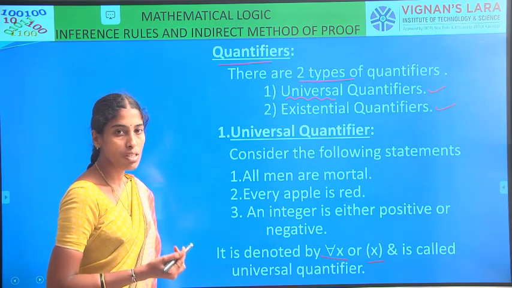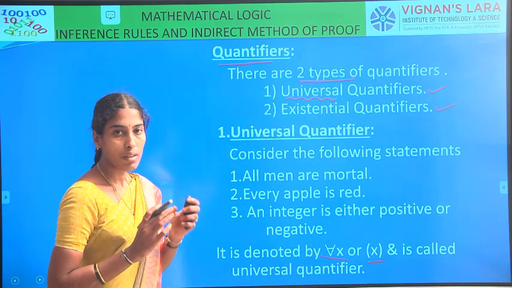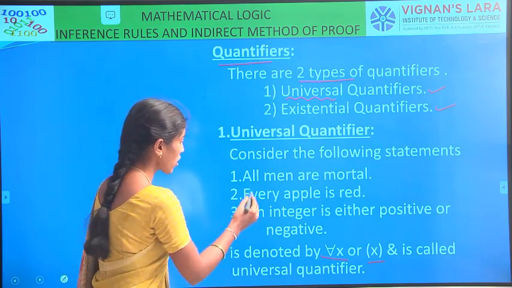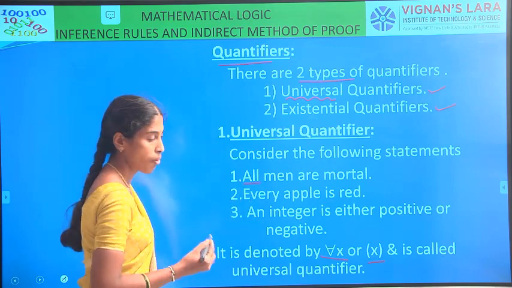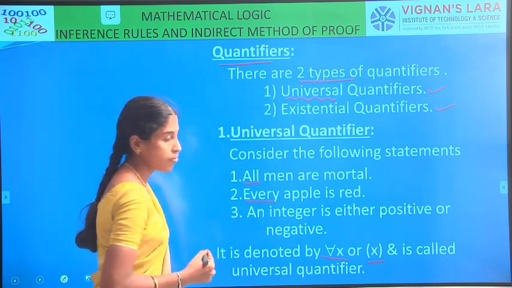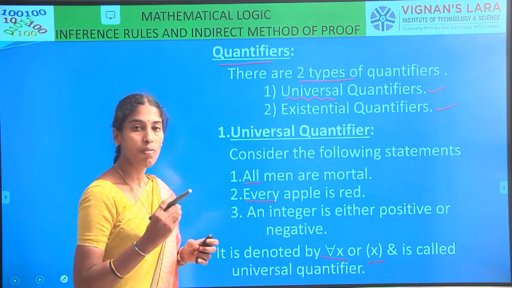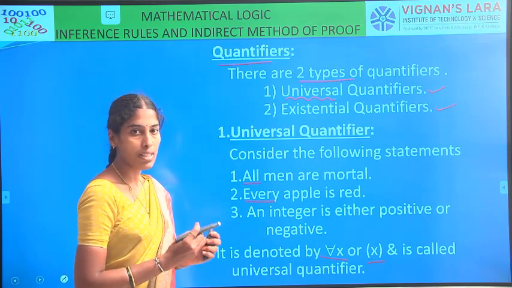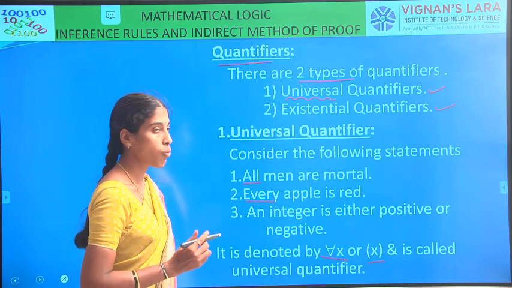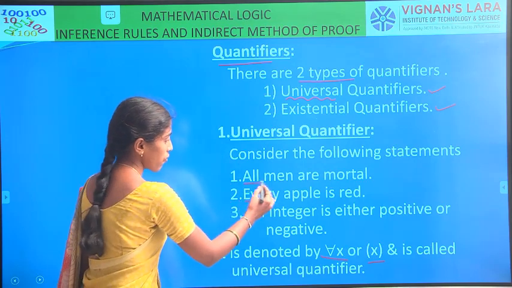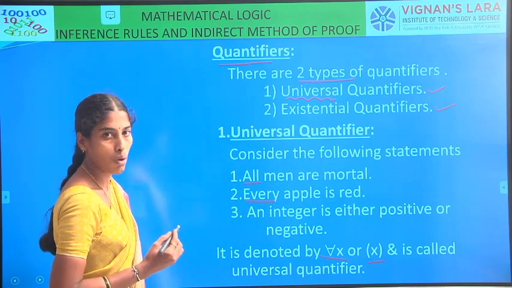When do we use this universal quantifier? If the given statement consists of the word all or every, that is, whenever the meaning of the sentence is for all, for every, we use the universal quantifier, right? If we see the first one, all men are mortal.